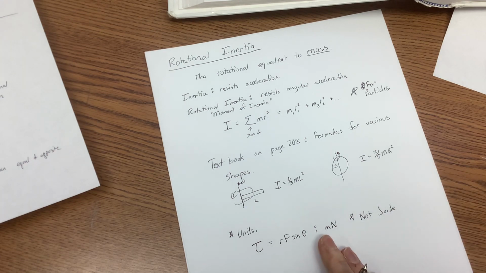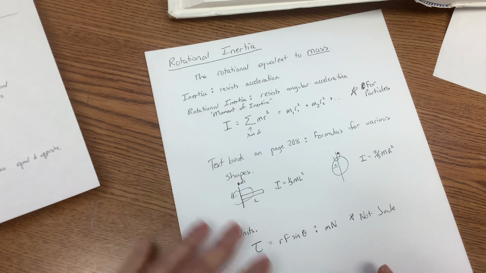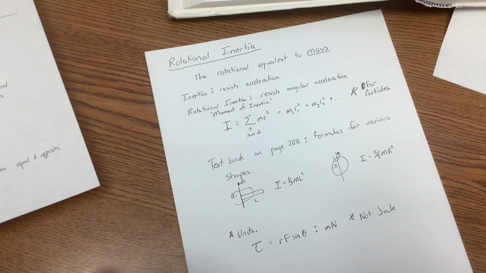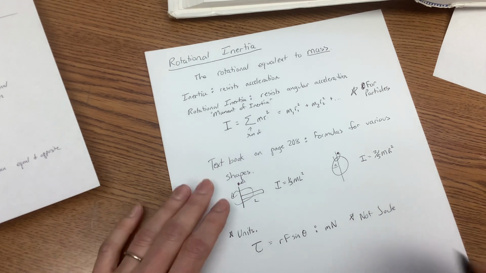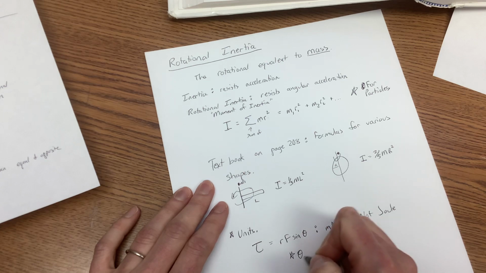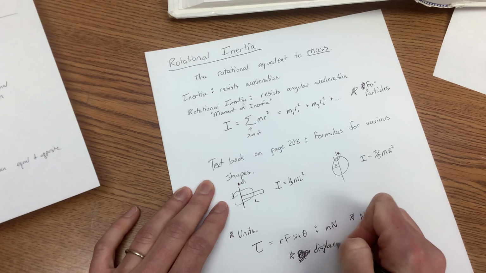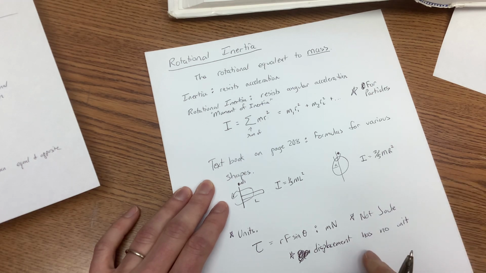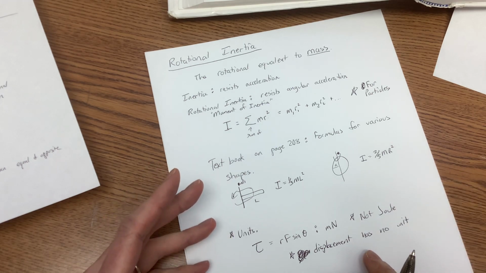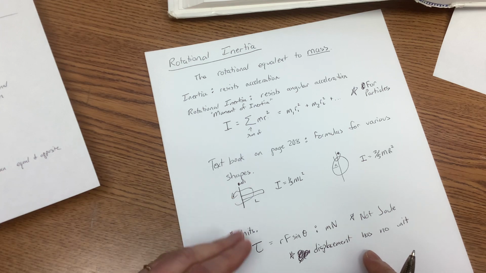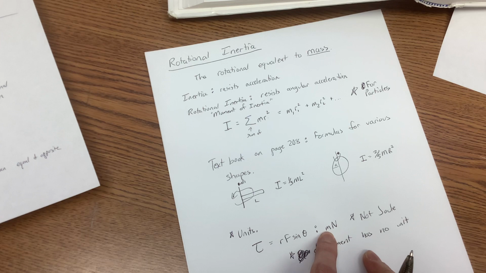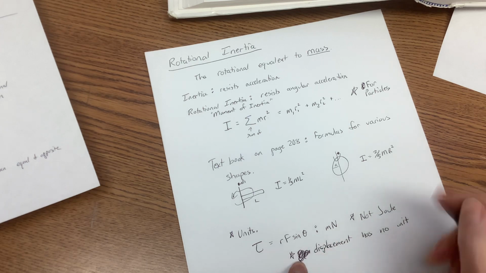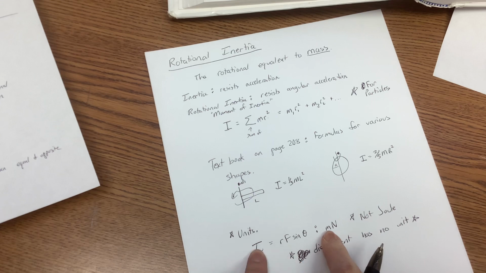The reason the meters is there is because our angular velocity and angular acceleration use radians for displacement. Theta, the displacement, has essentially no unit. And so in order to get to energy and power and work, which are in joules, we have to have an actual distance unit in there. So this is why the distance unit is in the torque.